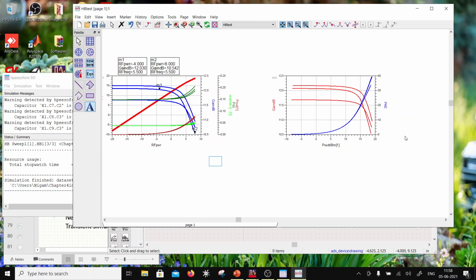So you are going to look at across power. Then you are also going to look at across frequency. And then you are also going to look at across supply. Then you are also going to look at across process.